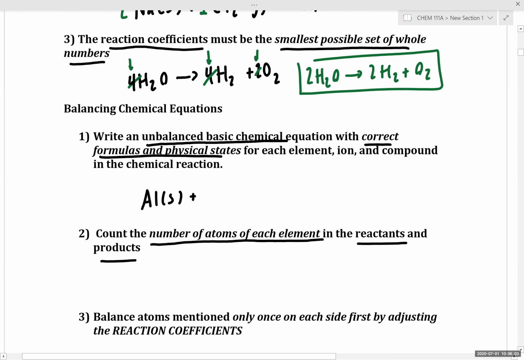aluminum solid plus chlorine gas leads to aluminum chloride. Okay, so in terms of our process for balancing this equation, our first order of business is to count the number of atoms of each element.